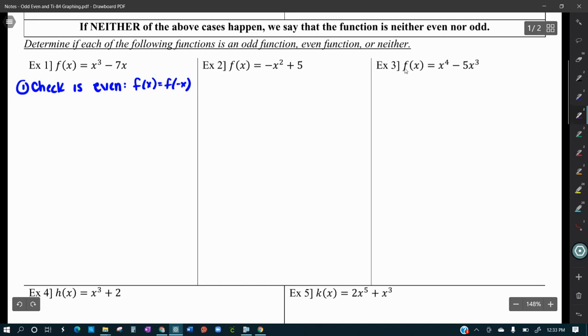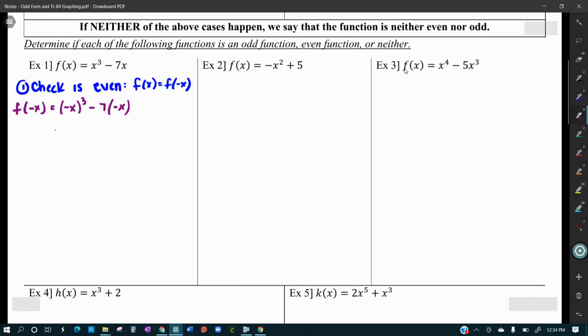So let's figure out what f of negative x is. We're going to replace all of our x's with negative x. So instead of x to the third, we will have negative x to the third minus 7 times negative x. Well, negative x to the third is really negative x times negative x times negative x.